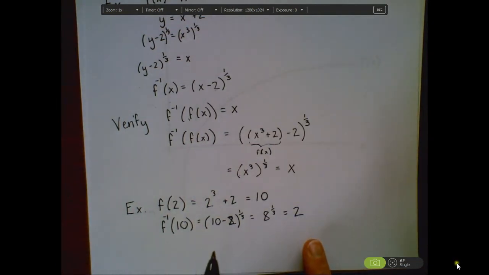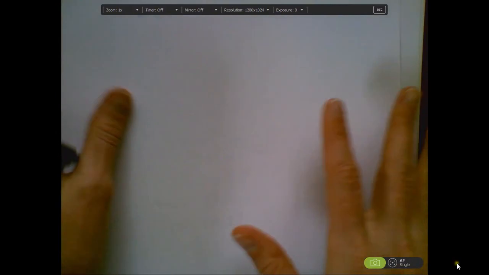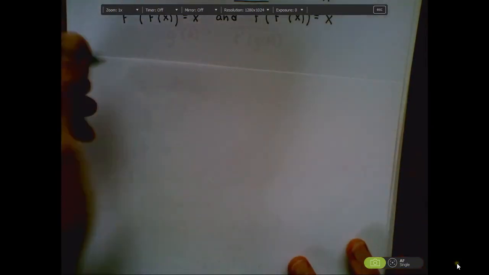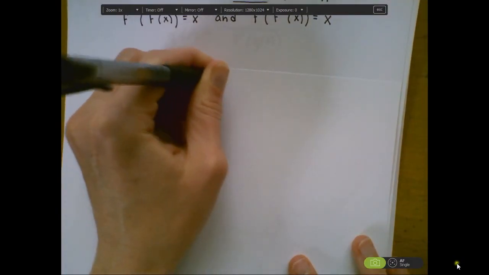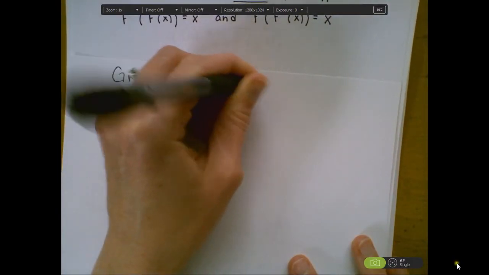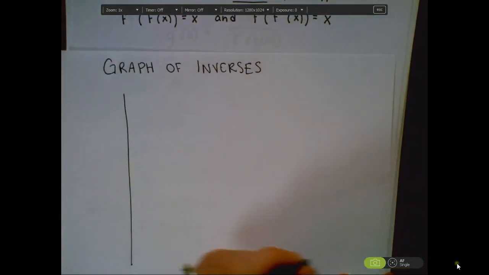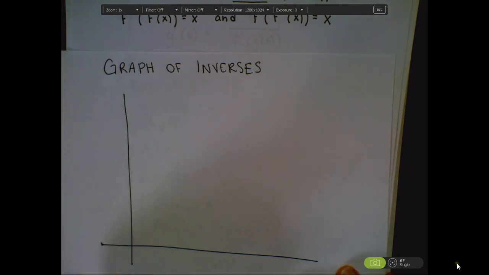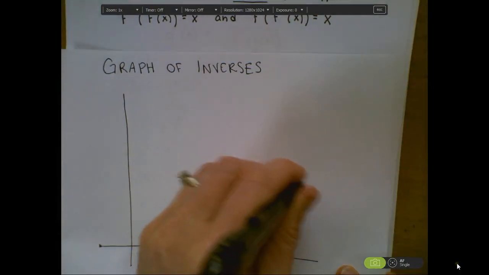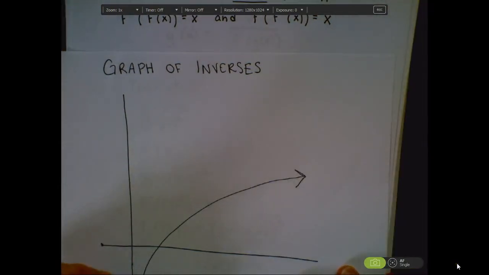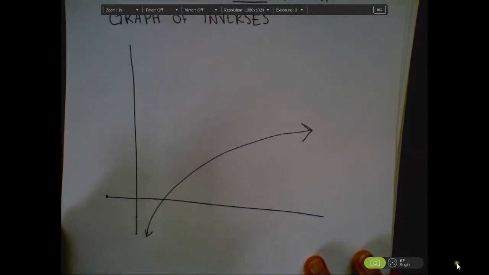Why is this interesting? This is interesting because when we analyze graphically what's going on, here's just some generic graph of inverses. We just decided that if our original function looks something like this, what happens when we take the inverse of our function?